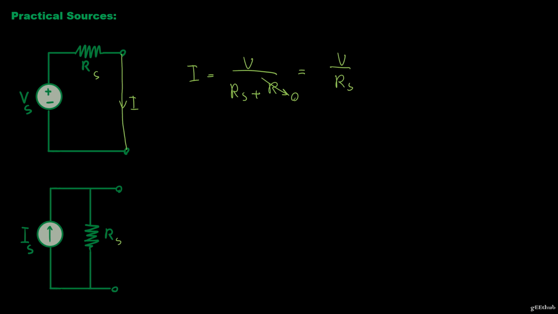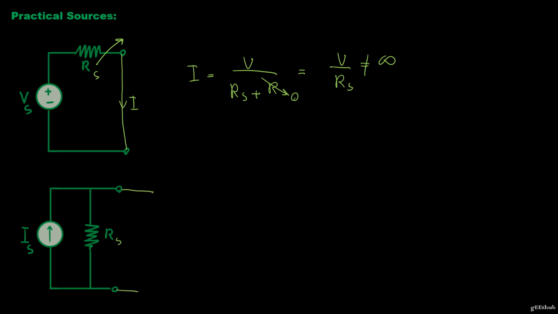So now our current is a value, it's not infinite anymore. Depending on the value of RS, it could be a very large number, but still, in practical cases, our current is limited. Same thing with the current source.